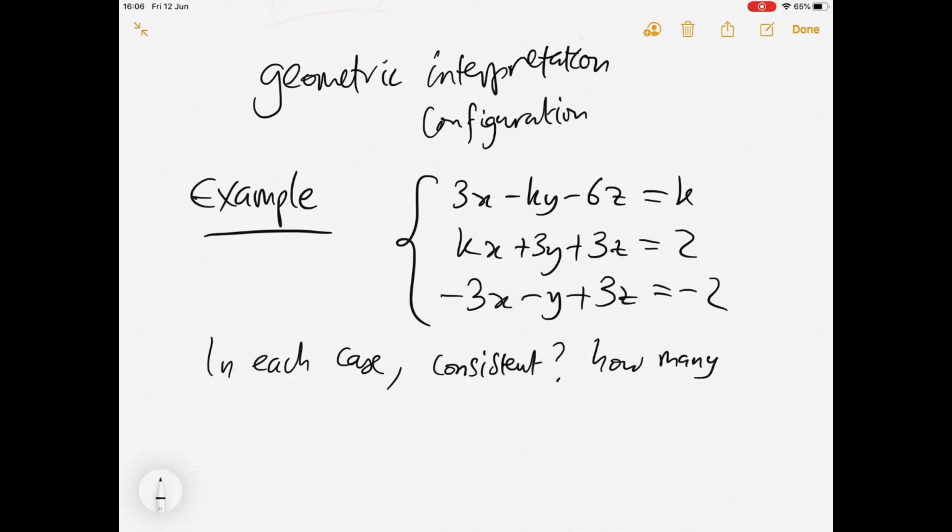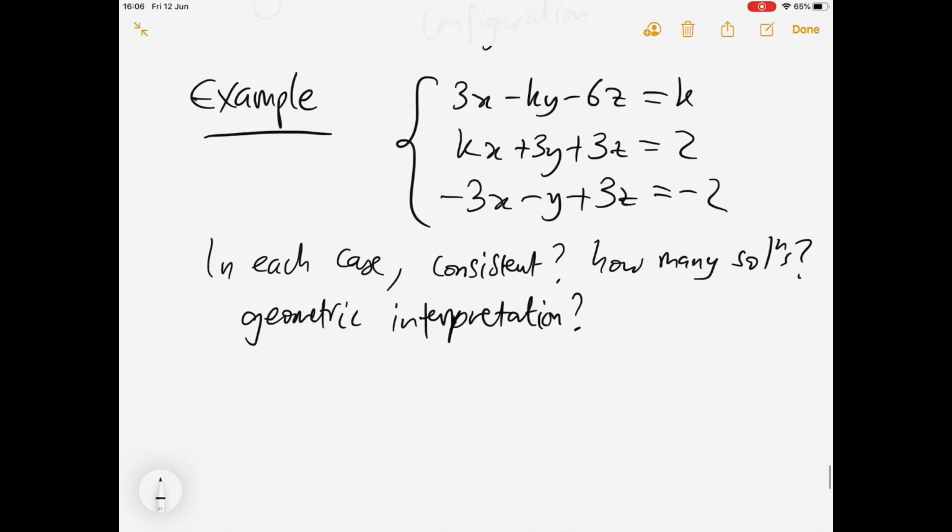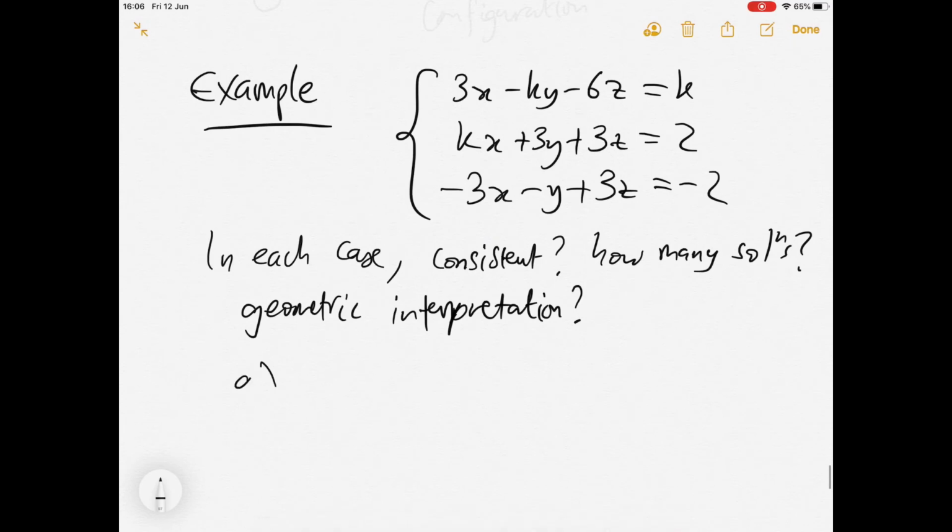How many solutions are there? And what is the geometric interpretation? So there are three things to do for each case. The first case is k is 0, the second case is k is 1, the third case is k is minus 6.